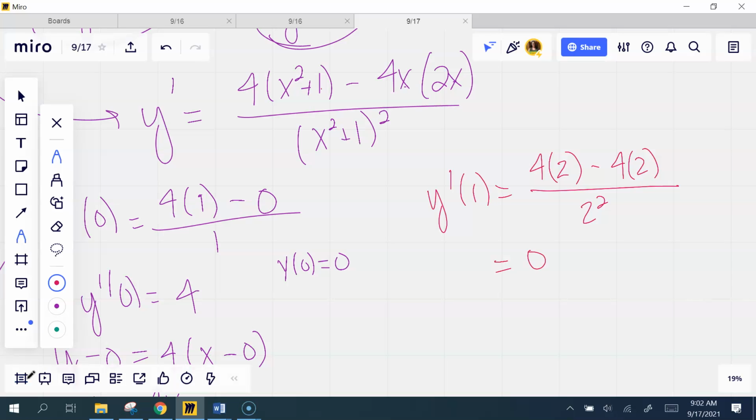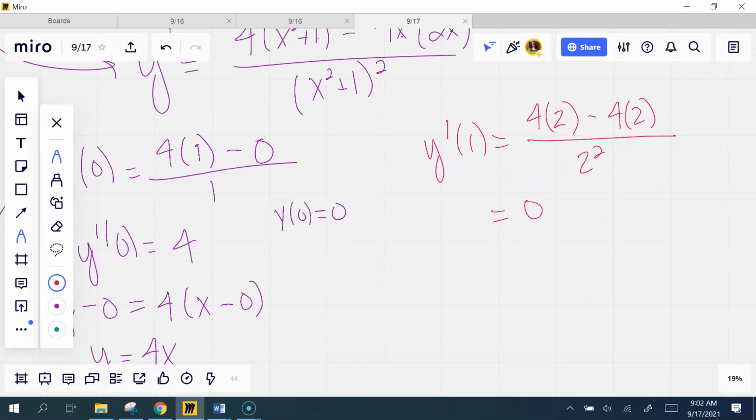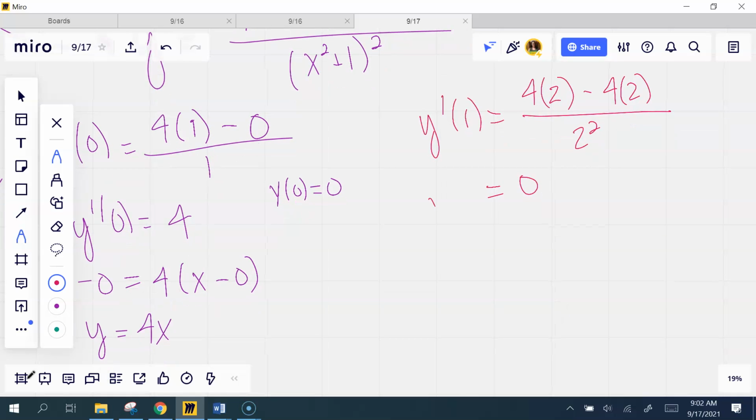What does that tell me? Because it's 0. Good job. Look at you. Did everybody else get that? The slope is 0. It's a horizontal tangent, which means that's a maximum or minimum of the function. Oh yeah, I'm so proud. That's 2 days in a row.